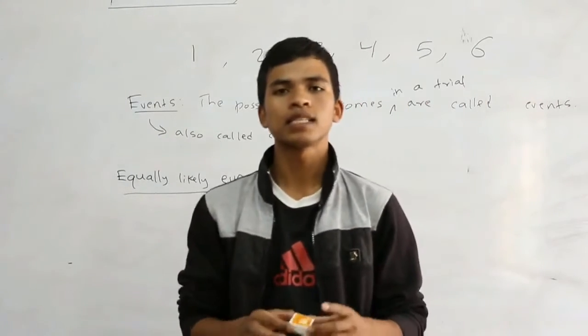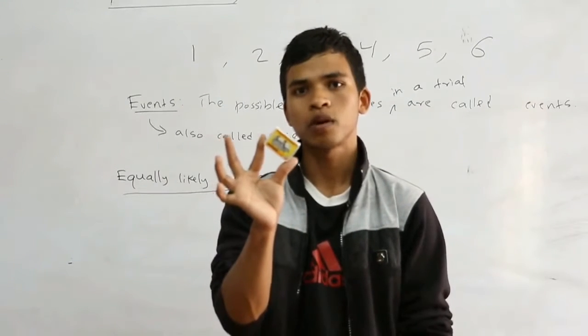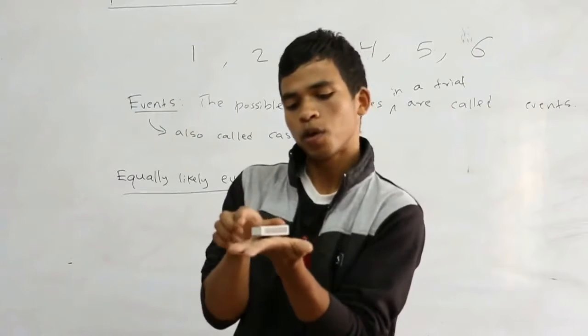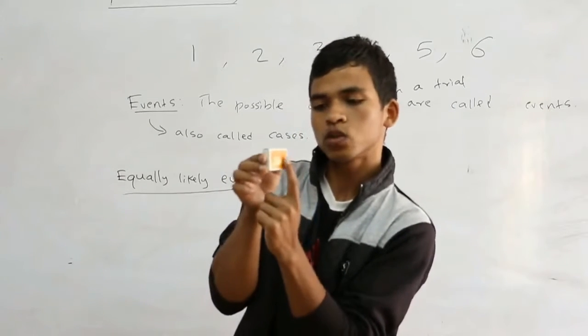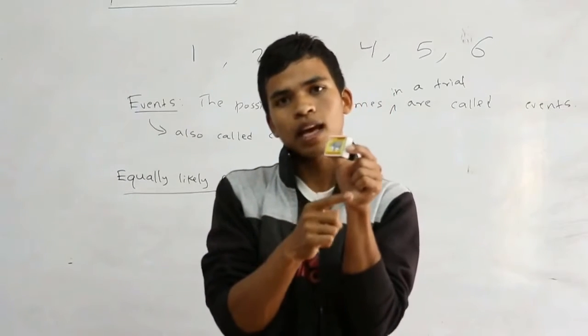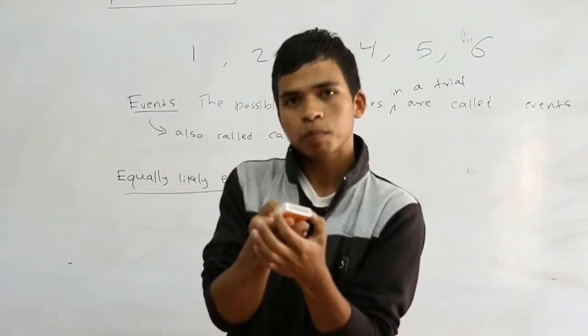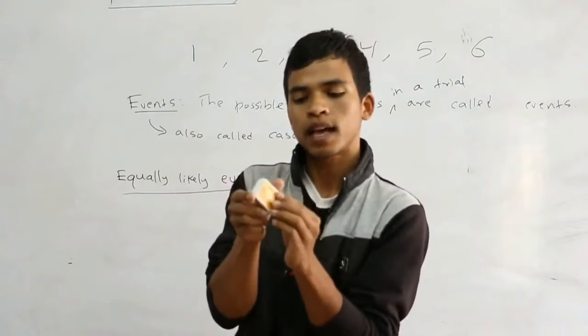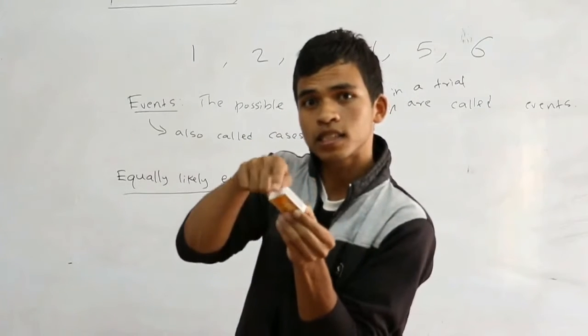If you consider a matchbox, suppose you toss this once like that, you see a matchbox has these two faces that are bigger in size. So you can expect that these two faces will be more likely to come than the other faces, right?